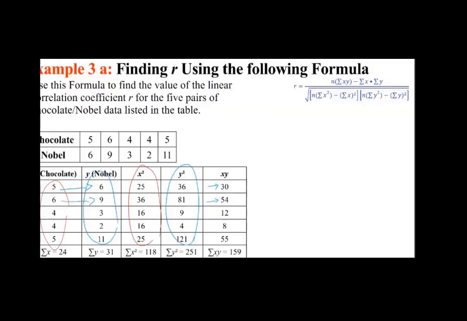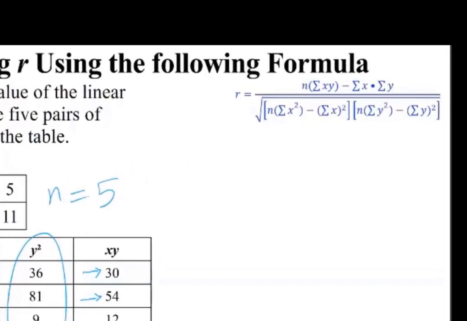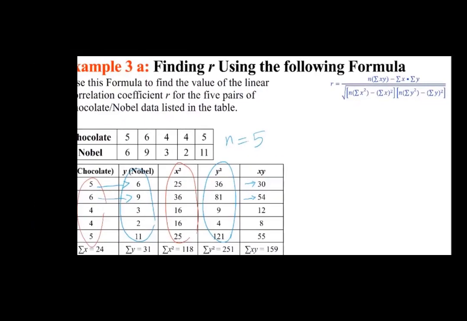Now look at the top formula in blue. You have everything. n being 5. Just plug in 5 times summation of xy, which is 159, minus summation of x, which is 24, times summation of y, which is 31, over the square root of n, which is 5, times summation of x squared, which is 118, minus summation of x, which is 24, squared.